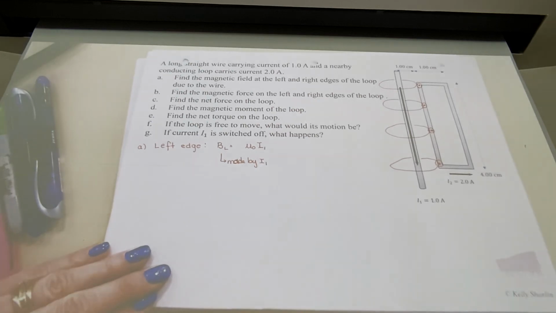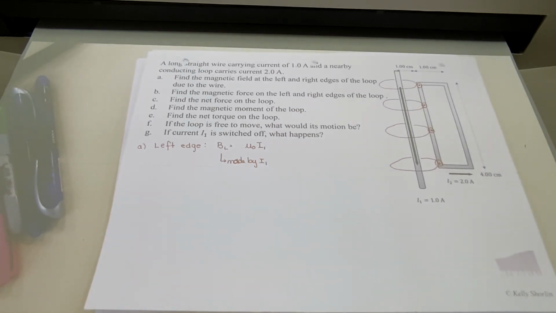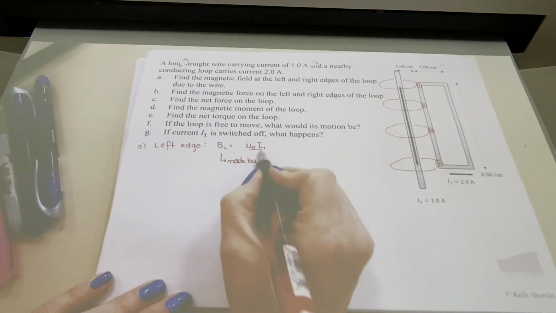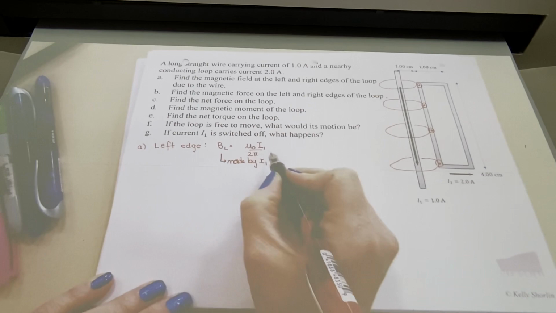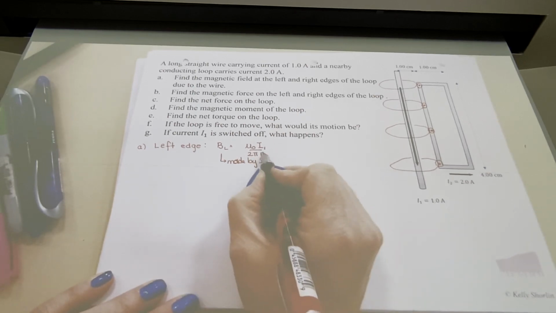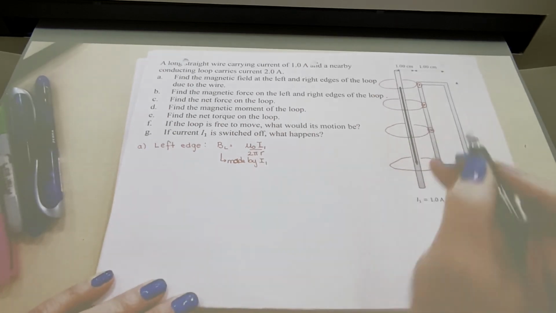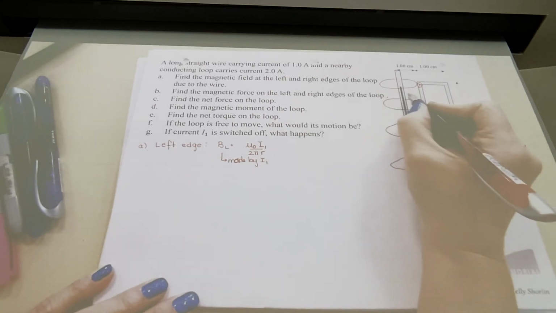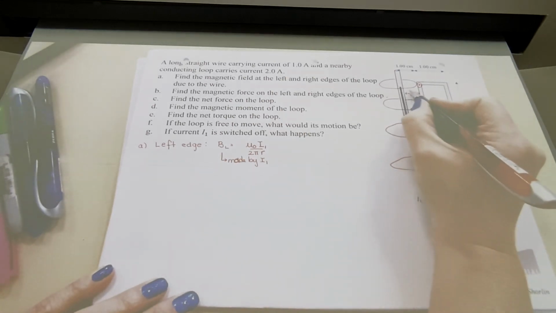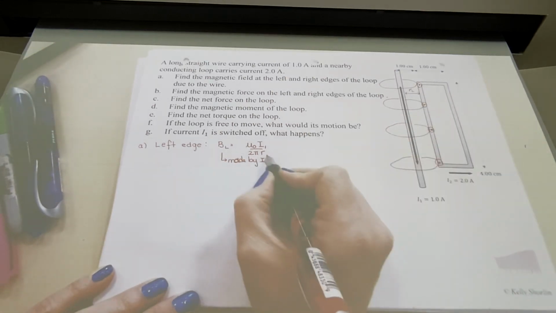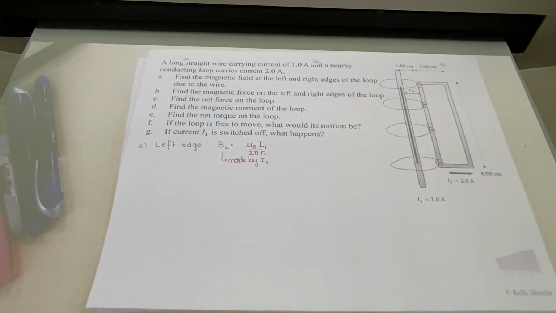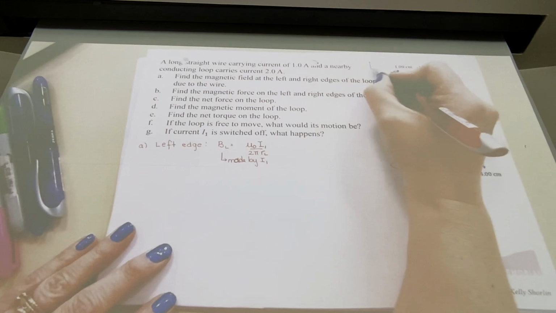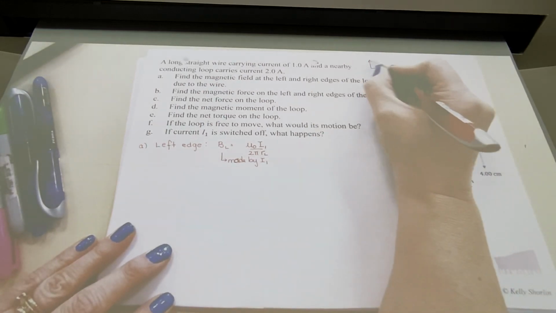That means when we're calculating the field, we use current I1. Those sorts of things are small, but they're easy to get confused by. Then we have to divide it by 2 times pi times the distance between our wire and the left edge of the loop. Typically we use R. I'll put a subscript of L to remind us that we're talking about the left edge of the loop. We said the direction was out of the page. That'll be our plus K direction.